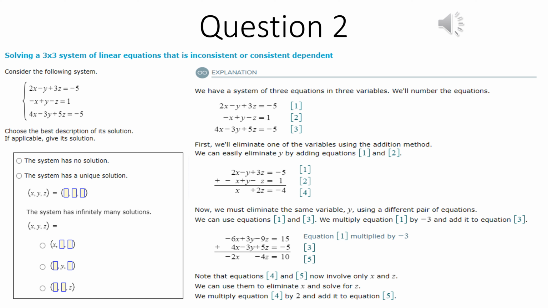Likewise, you pair equation 1 and equation 3, and you multiply equation 1 by -3. Now adding each other, you get equation 5. Again, we get the variables x and z, and y is eliminated.